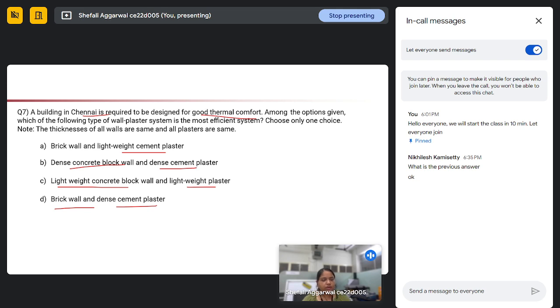In Chennai, we have very high humidity and we don't have too much cold. We have a very normal temperature. So in that case, what do you think would be a good combination?